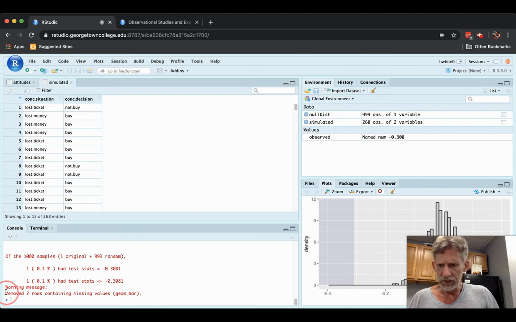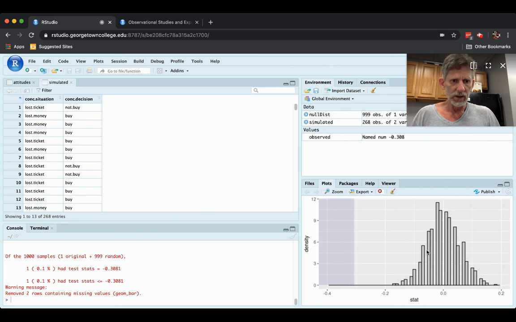And there's some warning messages that we won't go into. Over here, there's actually like a graph of the difference in these proportions, and most of the time you're getting around like a 0%. And it looks like sometimes you get around as high as a 20% and as low as a minus 20%.